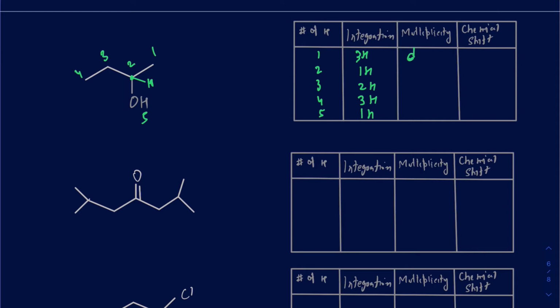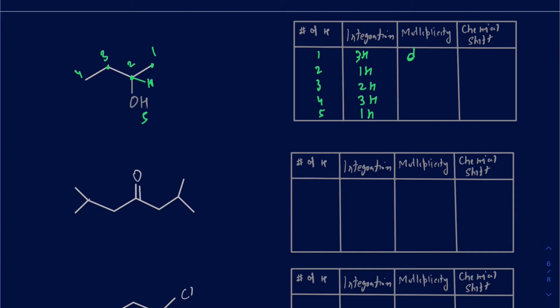If I look at the second signal, how many adjacent protons do I have? I got carbon 1 to be adjacent, and I got carbon 3 to be adjacent. And then I also have this oxygen that's adjacent, bearing the proton. But remember, oxygen or alcohol protons generally do not couple with the carbon protons. That's going to be holding true for sophomore organic chemistry.